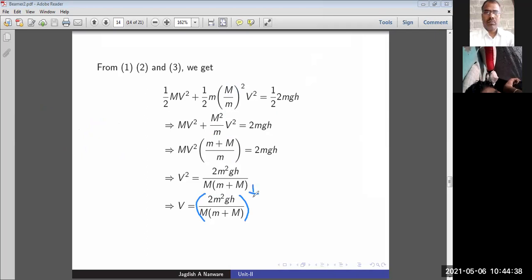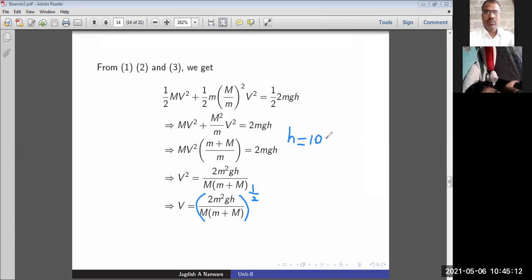So this is the velocity like this. Now this is a general result. You can take some values for small m. So I will take that here. I will take the value of height as, say, 10 meter, or I will not take the units.